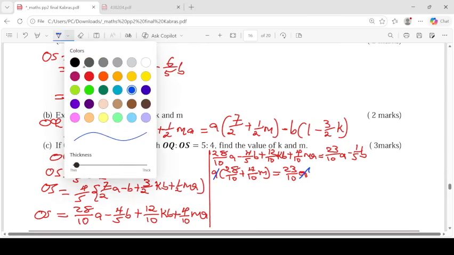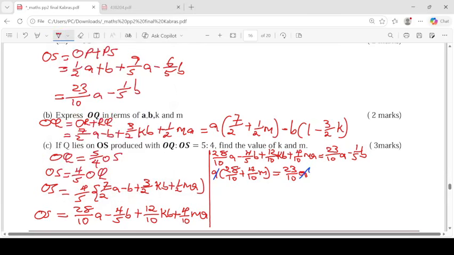Then now I'll have 4 over 10 M being equal to 23 over 10 minus 28 over 10.